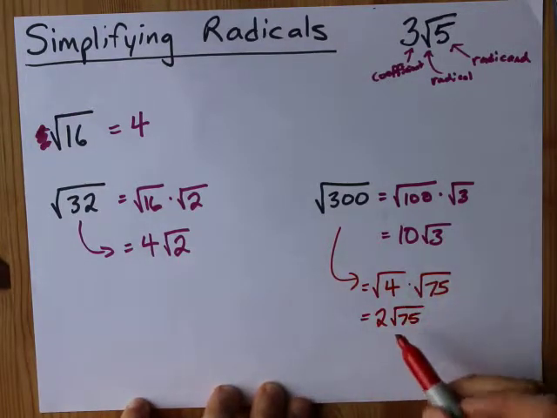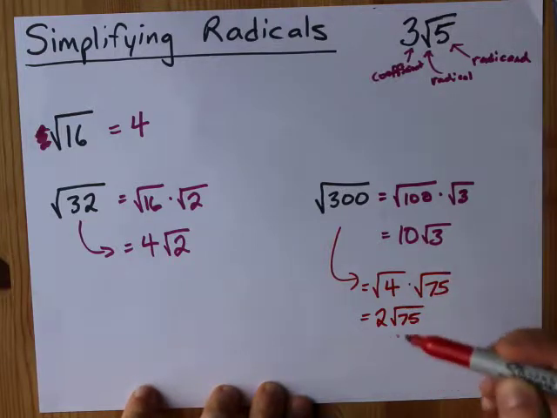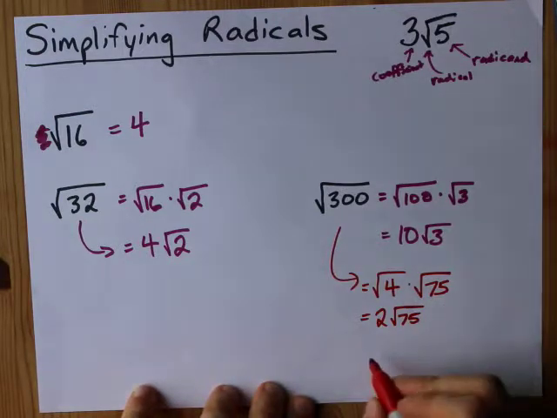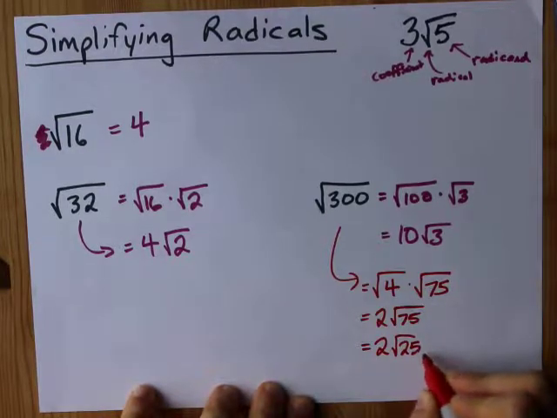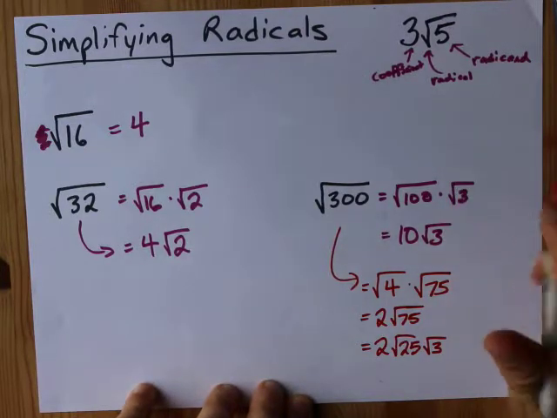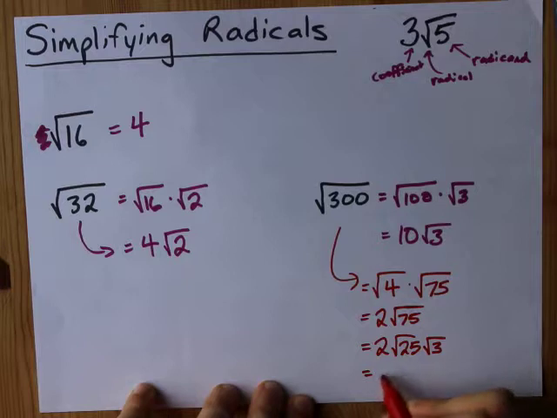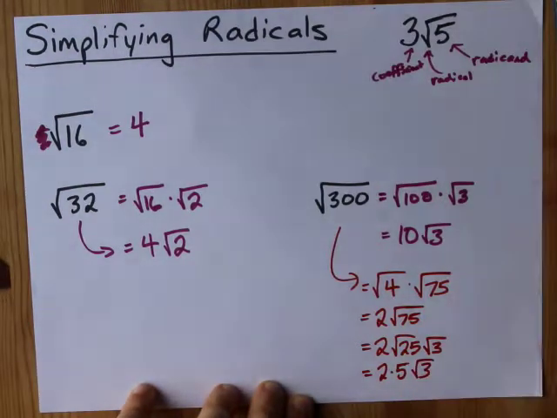The problem is that's not fully simplified because 75 is itself simplifiable by 25. That's 2 root 25 times an extra root 3. See how the 75 is 25 times 3? Now that root 25 gets rewritten as a whole 5, and you have your mixed radical of 3.